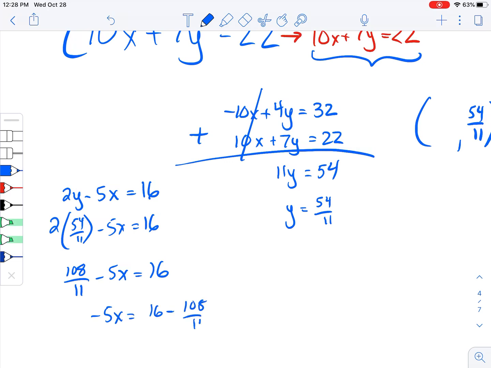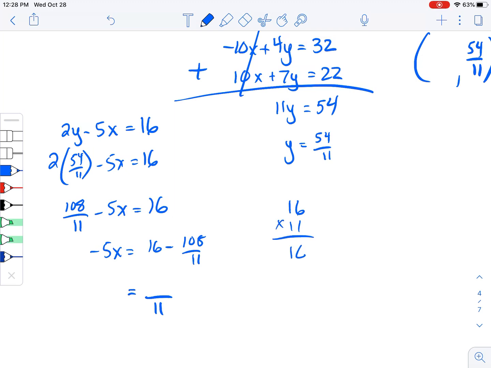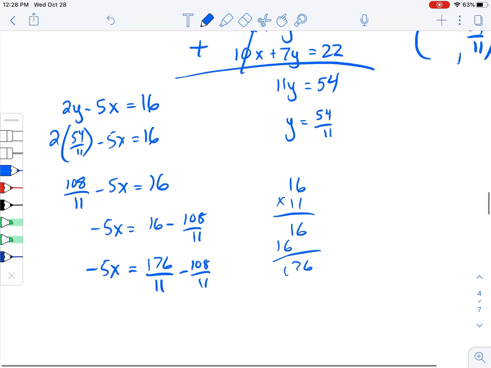Now I have to figure out the common denominator for 16 over 1 minus 108 over 11, so I'm going to have to turn my 16 into 11ths, so I'm going to multiply 16 times 11. So 16 is the same thing as 176 over 11. That is equal to negative 5x.